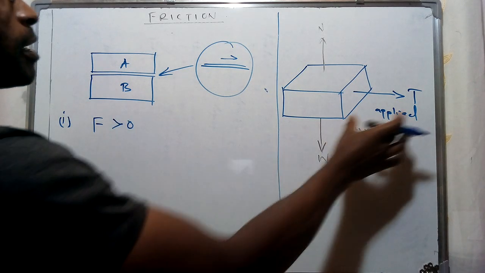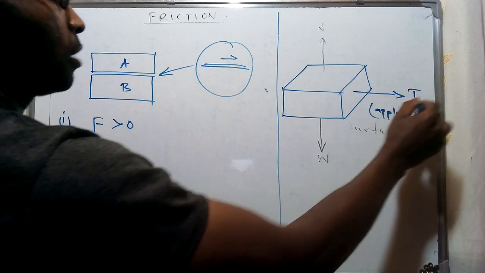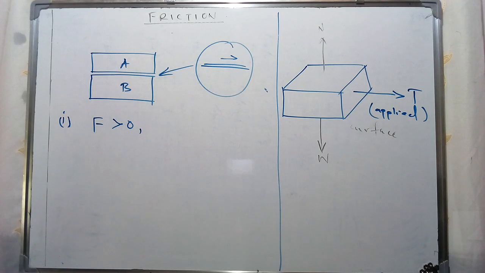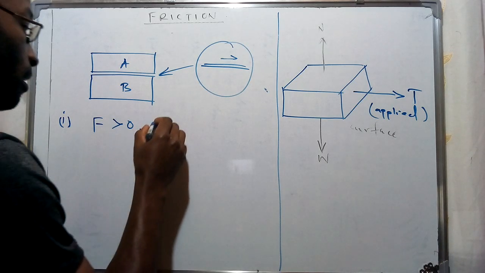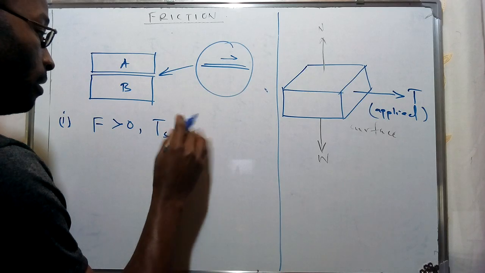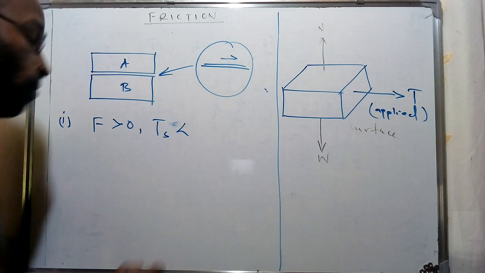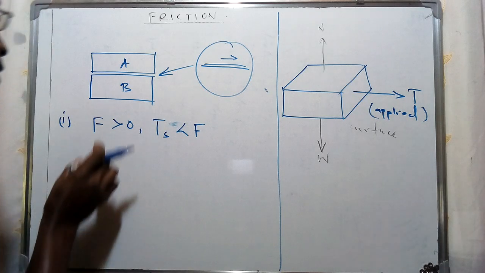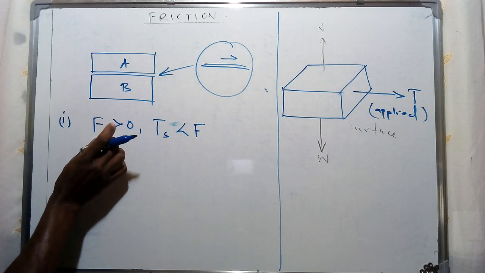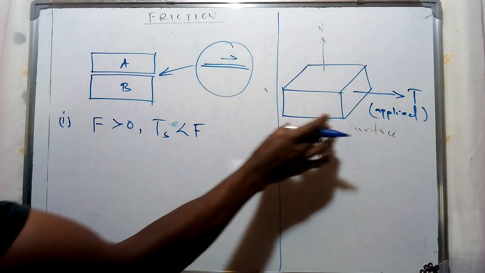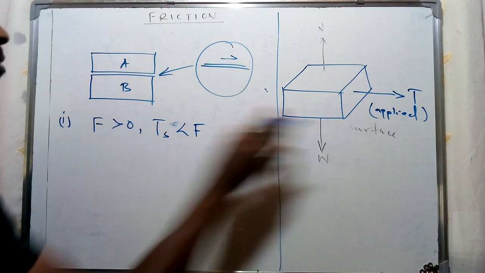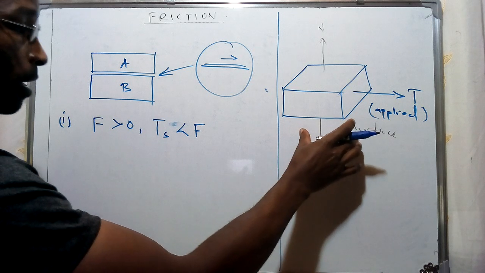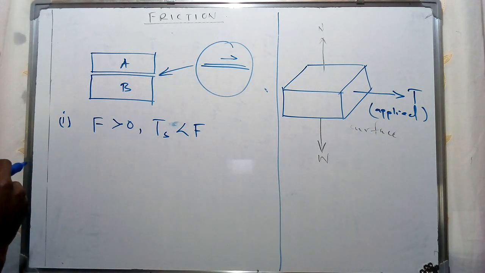So long as this force has been applied, it is greater than 0, but it is still smaller than this other force which I'm going to regard as friction. Friction ensures that the object is maintained on this surface until it has been overcome, enabling sliding to take place.